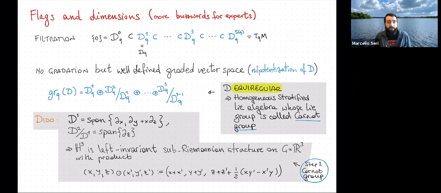That's a non-abelian Lie group on R3, and this thing is the Heisenberg group, and it is essentially tailored to the Subriemannian structure that we have seen before. So the Subriemannian metric is left invariant with respect to the action that comes from this. And this is what's called a step 2 Carnot group. It's just the Lie group that is associated to an equiregular distribution with its homogeneous stratified Lie algebra. At least that's the way it has been explained to me when I've studied this stuff.